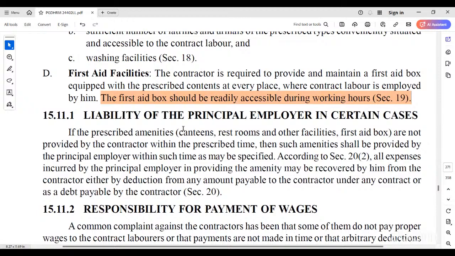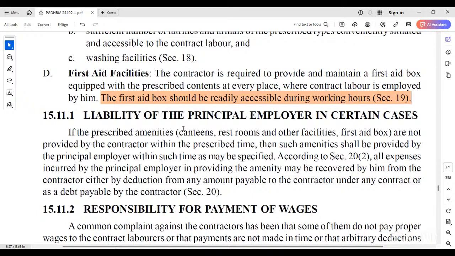If prescribed amenities like canteen, restroom, other facilities, and first aid box are not provided by the contractor within the prescribed time, such amenities shall be provided by the principal employer within the time specified. If the contractor is unable to provide, the obligation falls on the principal employer according to Section 20, subsection 2.